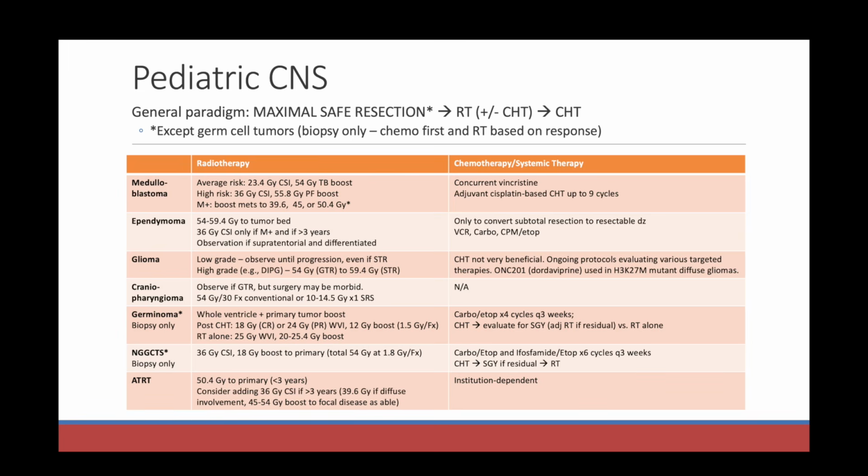Craniopharyngioma, if these patients do have a gross total resection, we can observe, but surgery might be morbid. We might do adjuvant radiation, 54 gray in 30 fractions with conventional fractionation, or somewhere between 10 to 14 gray with a single fraction SRS.